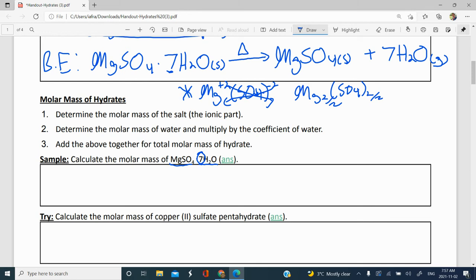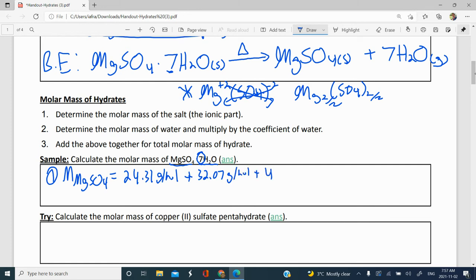So for example, here I have the molar mass of magnesium sulfate heptahydrate. First, I'm going to find the molar mass of magnesium sulfate using your periodic table. So we know that magnesium is 24.31 grams per mole, plus sulfur, which is 32.07 grams per mole, and that's from the periodic table.